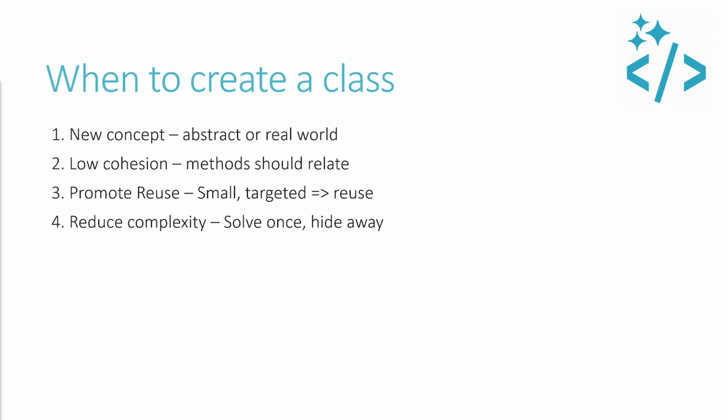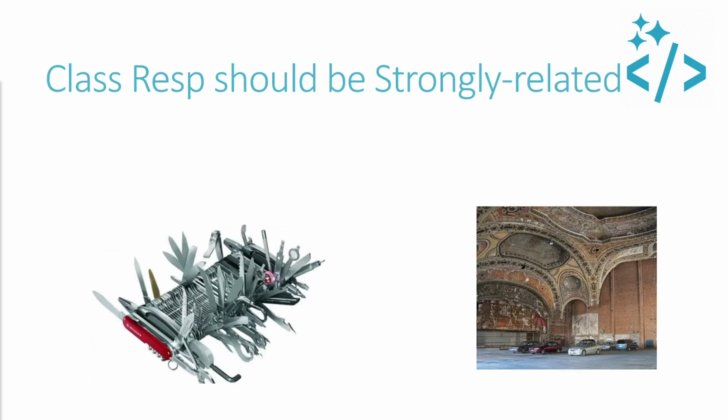Once you solve a problem, it's hidden away inside this class, and then we can reuse it where needed. And also to clarify parameters and identify a group of data which should be put in the same class. Classes should be strongly related.